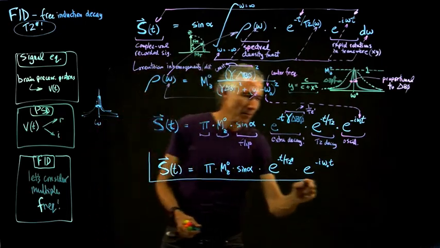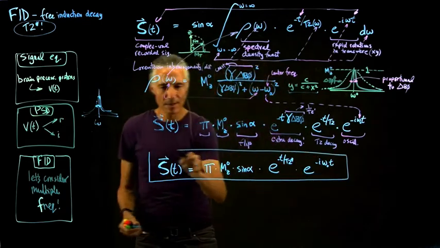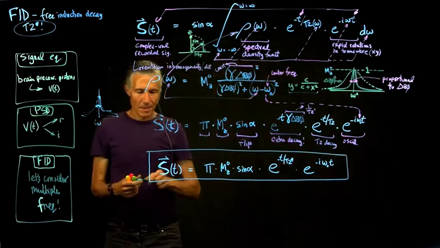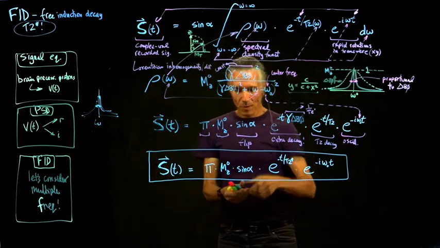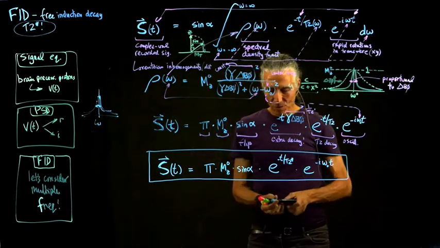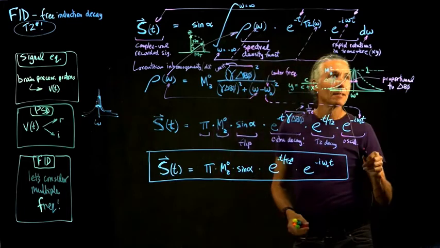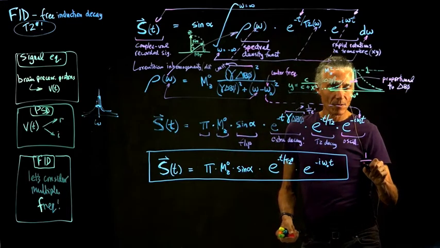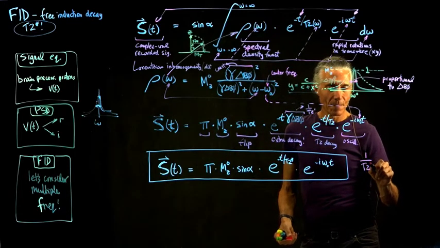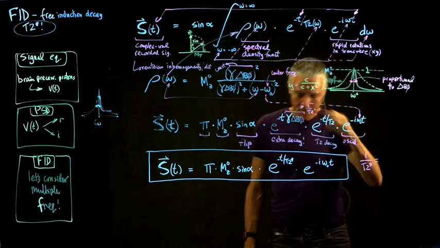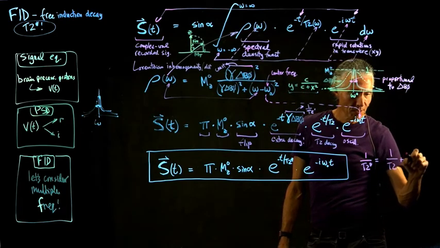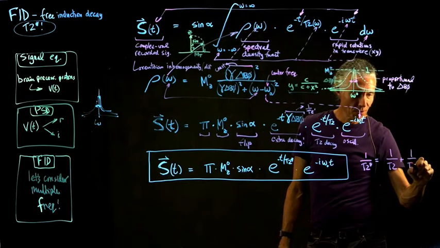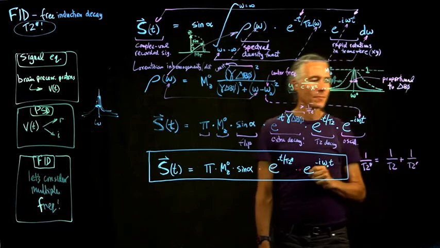So now we have to try to understand, what does that look like? And in particular, what does the T2 star equal? Well, 1 over T2 star is just equal to 1 over T2 plus 1 over T2 prime.